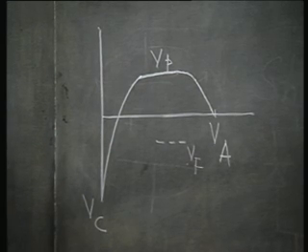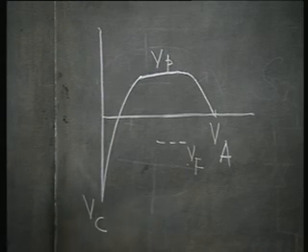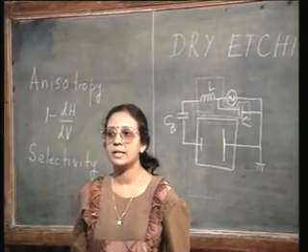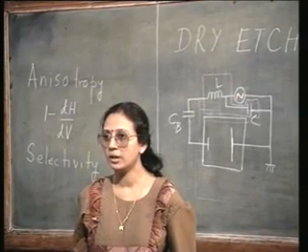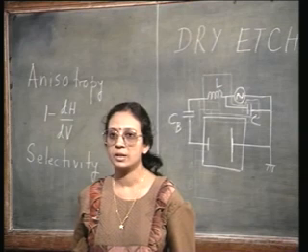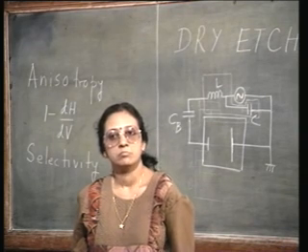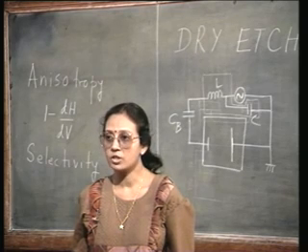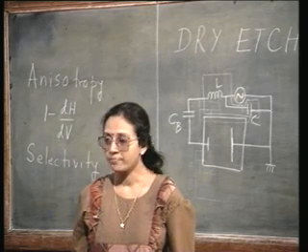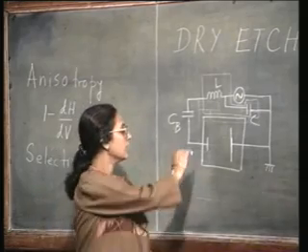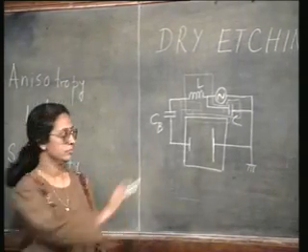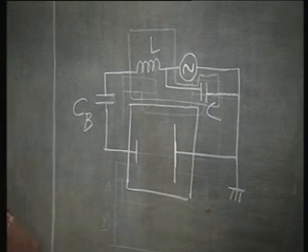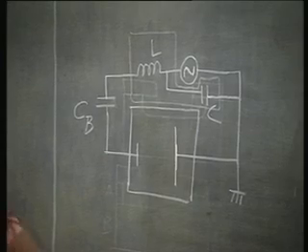And we can further increase the cathode sheath potential if that electrode area is made smaller. When the electrode area is made smaller, the capacitance is going to be smaller, the impedance is going to be larger, and therefore, the potential is going to be larger. So, by reducing the electrode area, since one electrode is smaller compared to the permanently grounded electrode, we can make the cathode sheath potential even higher.